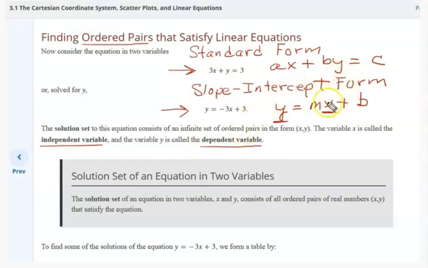That is, you put a value in for x. This then makes this side a number, and that value then, with the input of this independent variable here, gives you a value for y, which is then your dependent. Depending on what you put in for x, you get your y. All right, some background information.